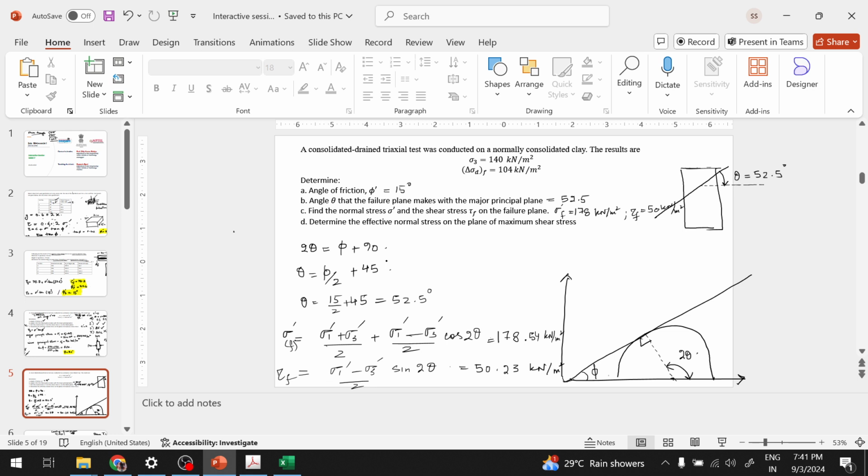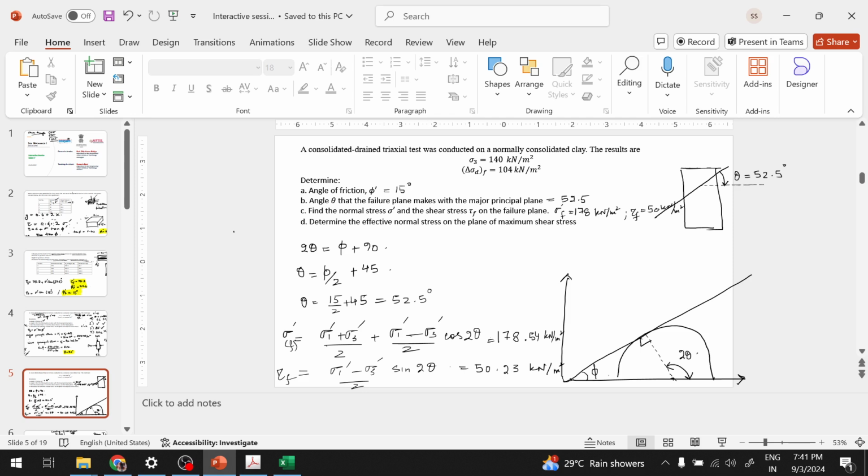Okay, next part of this question is to determine the effective normal stress on the plane of maximum shear stress. Now, what is the plane of maximum shear stress?